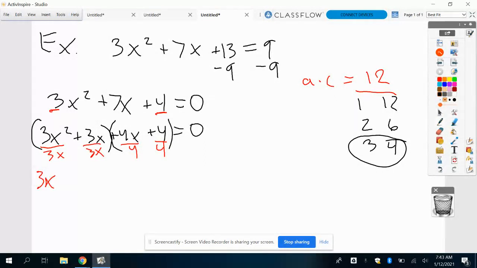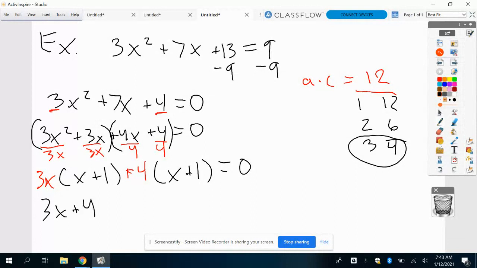Left in the parentheses is an x plus 1. And then our other GCF is a plus 4. Left in the parentheses is an x plus 1 equals 0. So your factors are 3x plus 4 times x plus 1 equals 0.